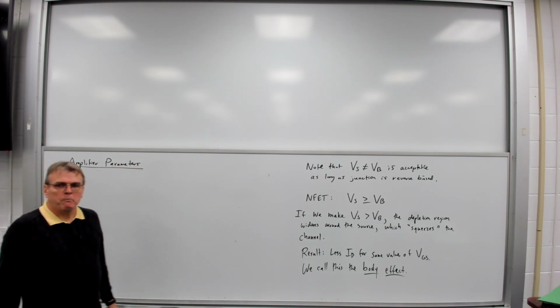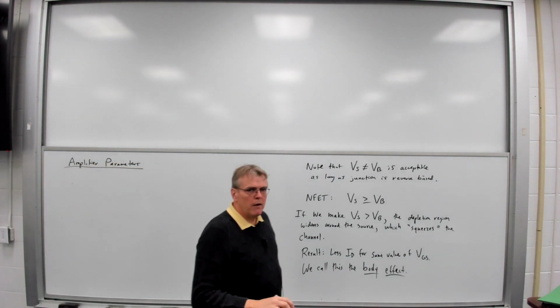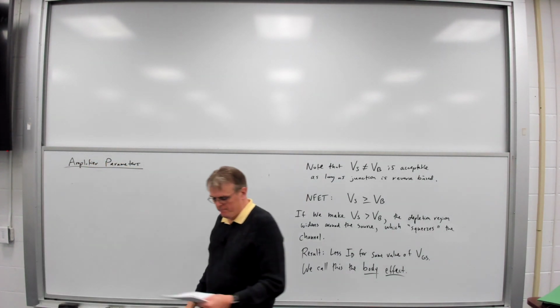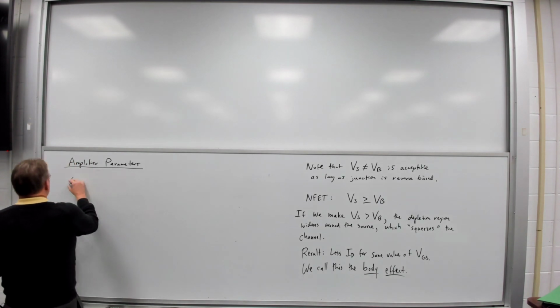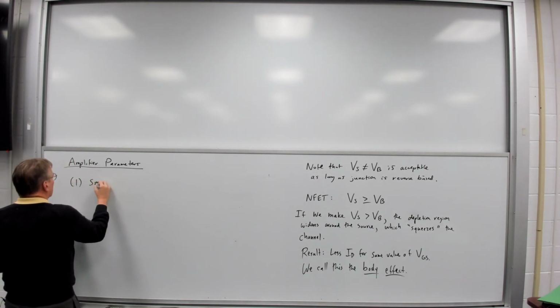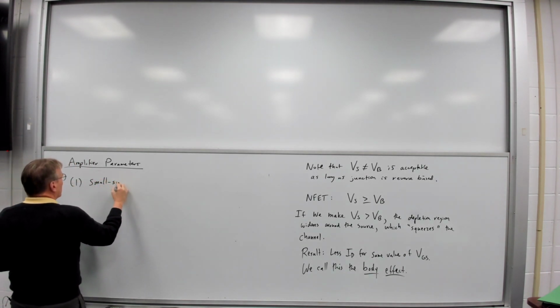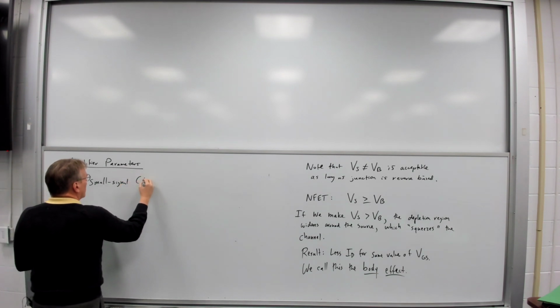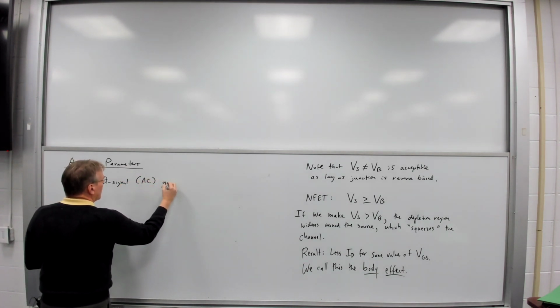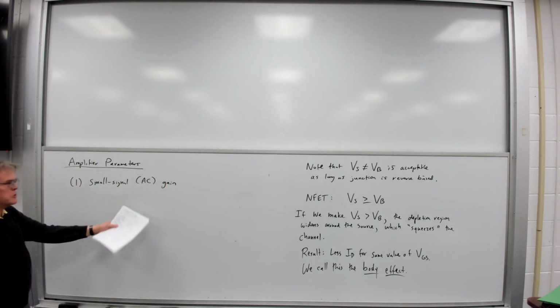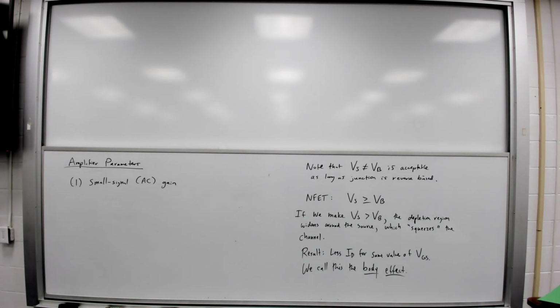Now, when we start looking at how amplifiers behave, there are three parameters we're going to care about. First of all, is small signal AC gain, right? What's V out over V in? What's the output voltage versus the input voltage? The amplification factor. Well, obviously we care about that if we're building an amplifier.